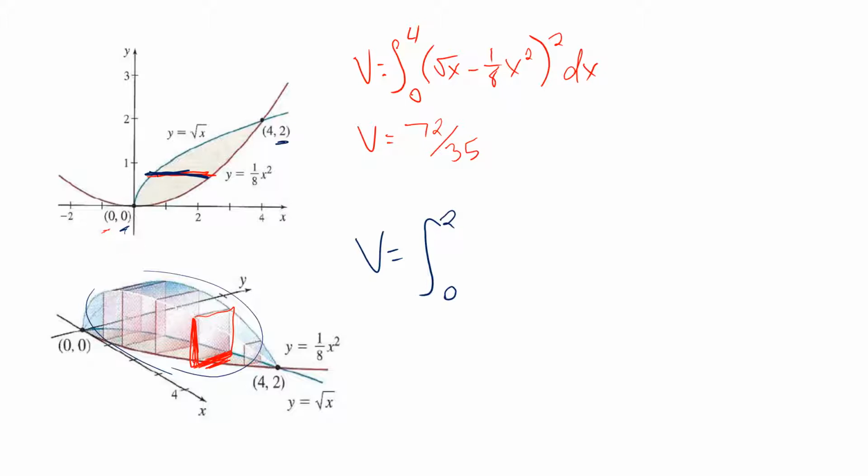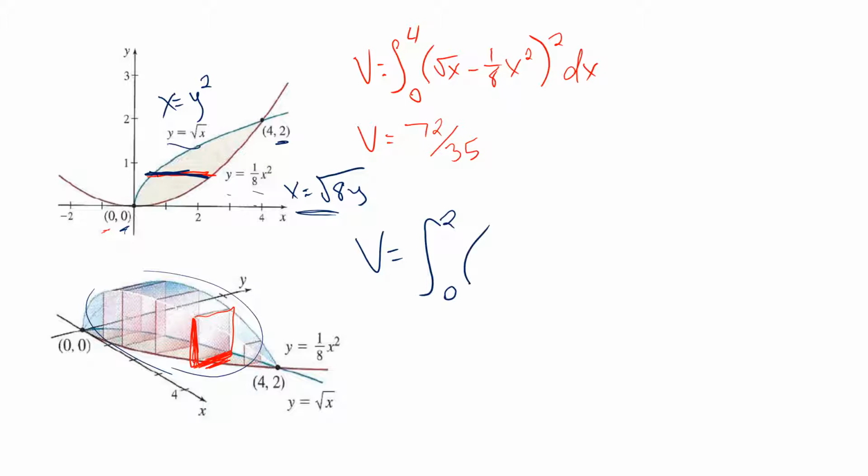and we have to solve for our x's. This one over here we can square to get x equals y squared. Down here we can multiply by 8 and then square root to get x equals the square root of 8y. And this one is now the top one because it's the one furthest from the axis.